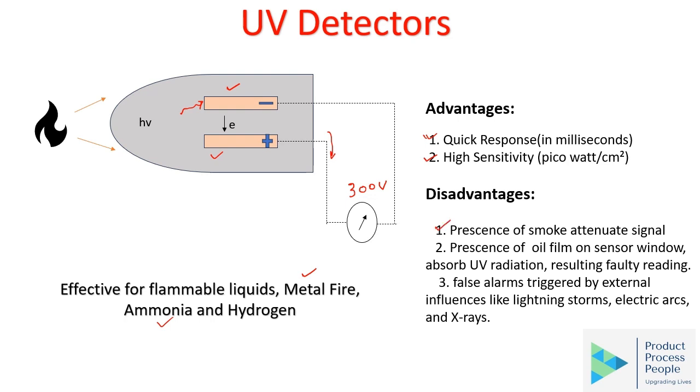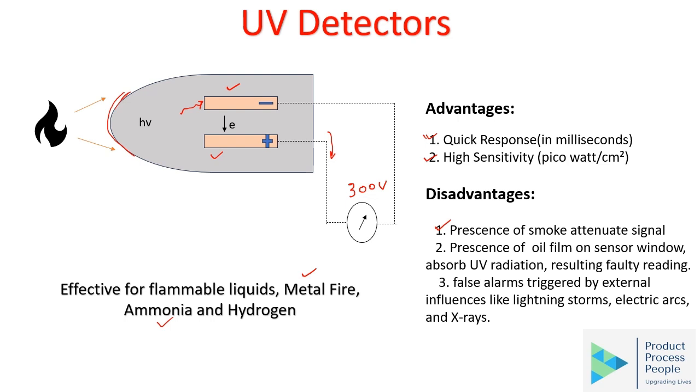So in flames where there is a chance of the presence of smoke, a UV detector cannot be used. Presence of oily film on the sensor window. So there is a sensor window here. Over a period of time, there can be accumulation of oily film, or during the fire itself, and that affects the UV radiation passing through the window to the ionization chamber, right?